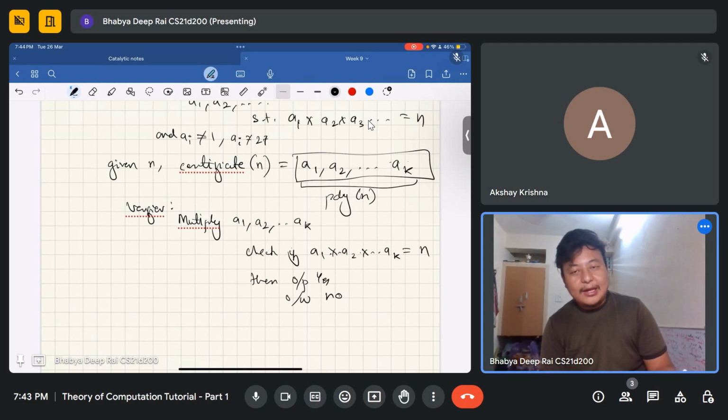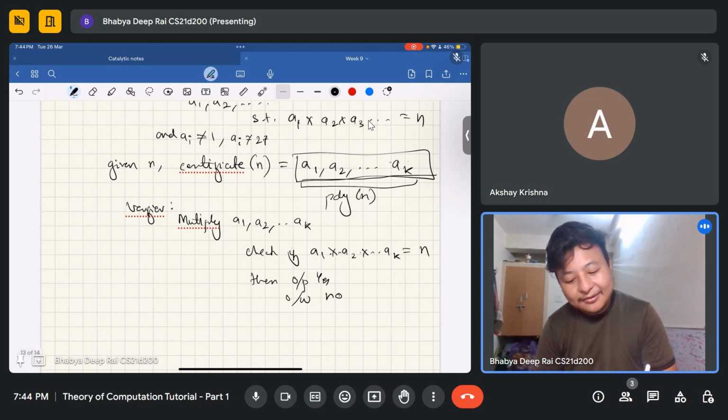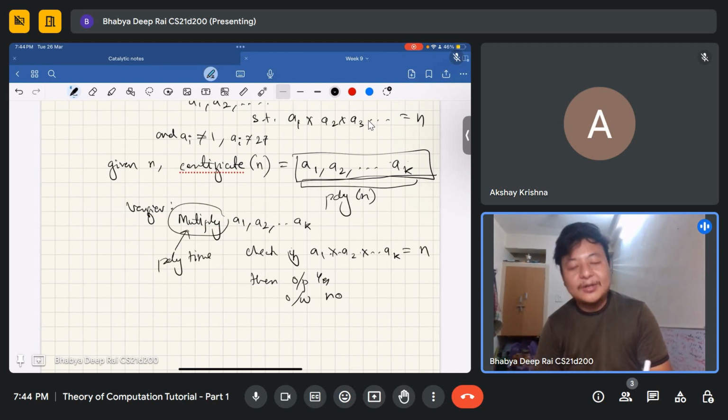Okay, and so I have polynomially many factors. You give me that, and I'll just multiply them. My verifier algorithm is just multiplying, so this can also be done in deterministic polynomial time.